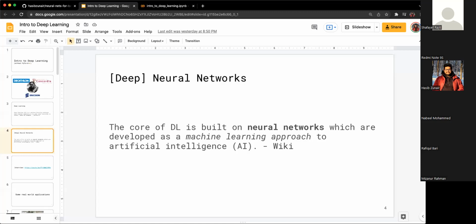When you stack a lot of these neurons together, you call them deep neural networks. That's just what's there in the field right now. There's also this quote from Wiki, which is that the core of deep learning is built on neural networks, which were developed as a machine learning approach to AI. You've heard of machine learning, right? Deep learning is a subset of machine learning. You can think of it that way.